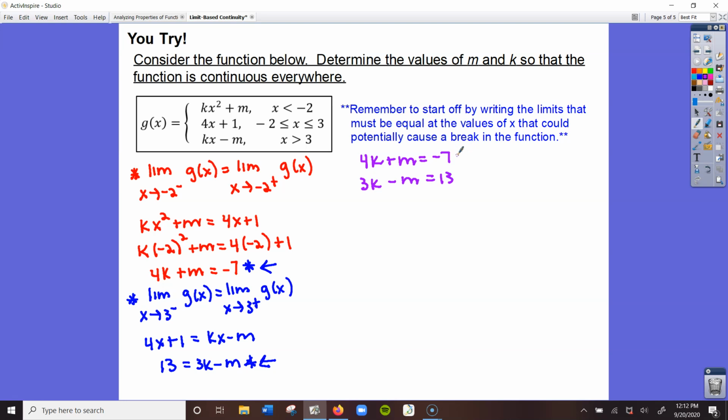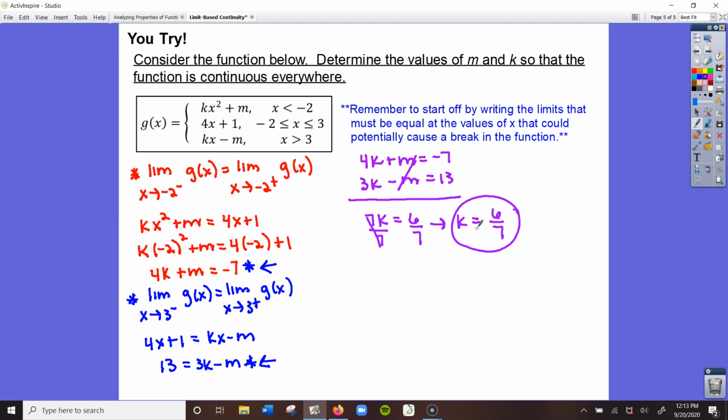You can choose whichever method you prefer here in order to solve, either substitution or elimination. For this one, I see that m, both positive and negative, would cancel out if I were to use the elimination method. So I can cancel these, and that would give me 7k is equal to 6. Divide by 7, and you get that k is equal to 6 over 7.